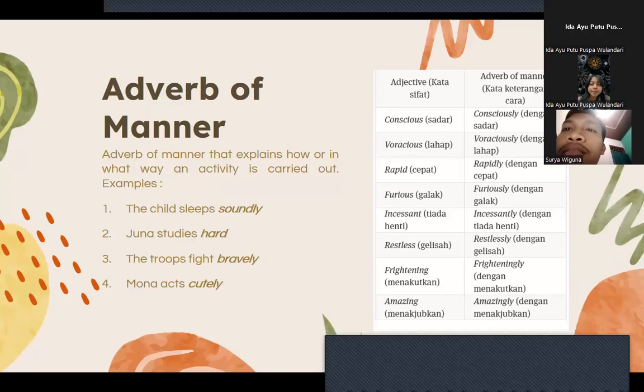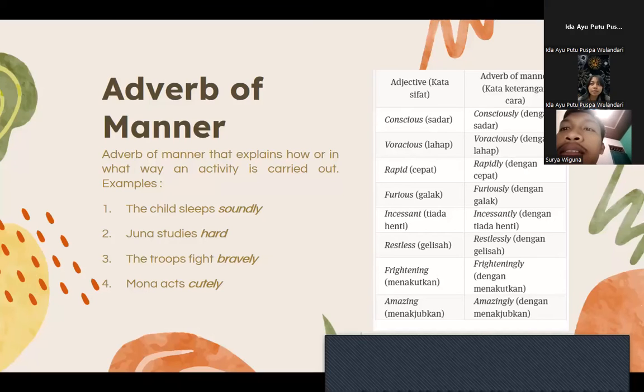Yes. So the examples of adverb of manner: the first is the child sleeps soundly. The second one is Juna studies hard. The third one is the troop fights bravely, and the fourth one is Mona acts cutely. All right, thank you.